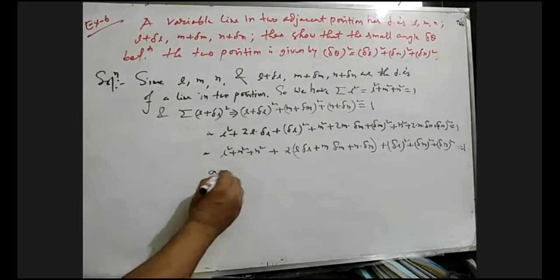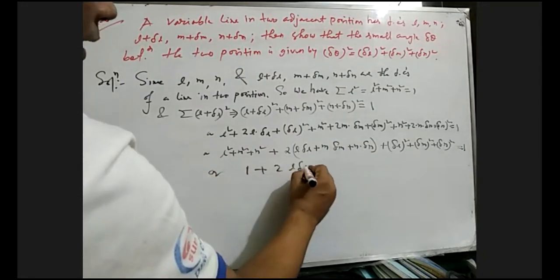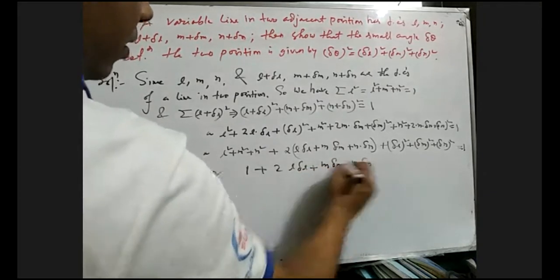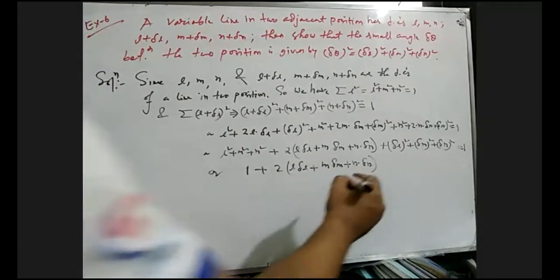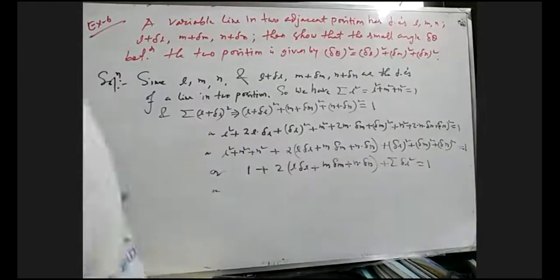Or this is 1 plus 2 into L del L plus M del M plus N del N plus summation del L whole square equals to 1. So 1 minus 1 will be 0.